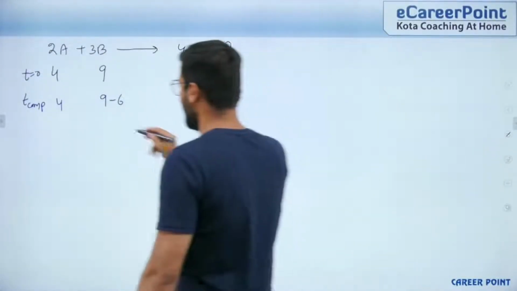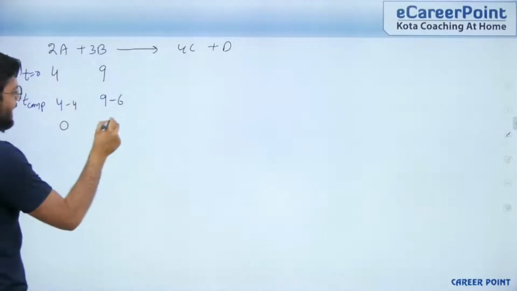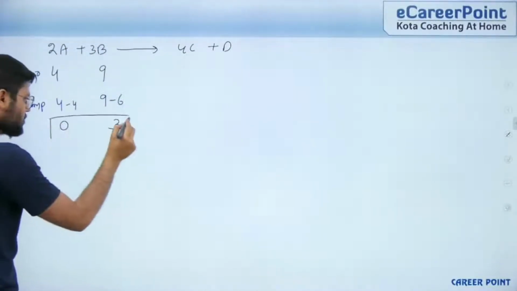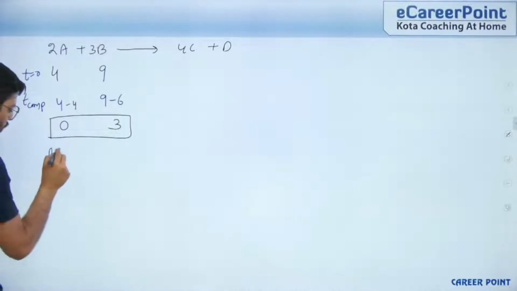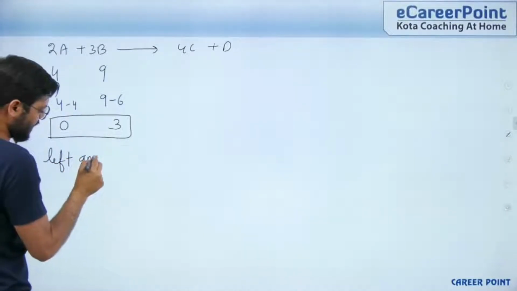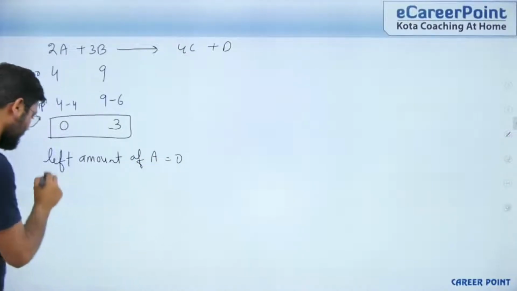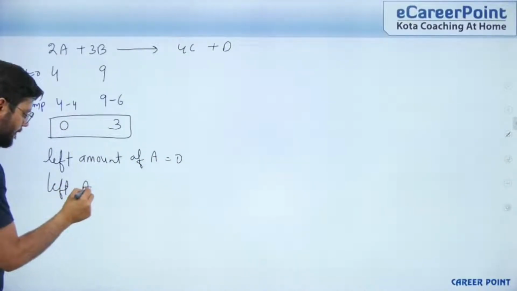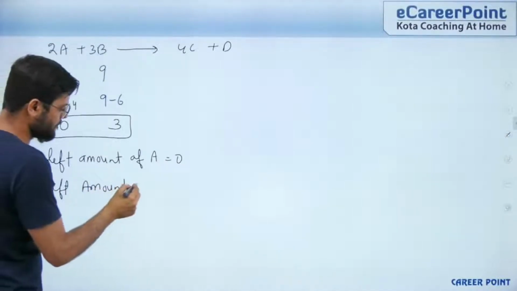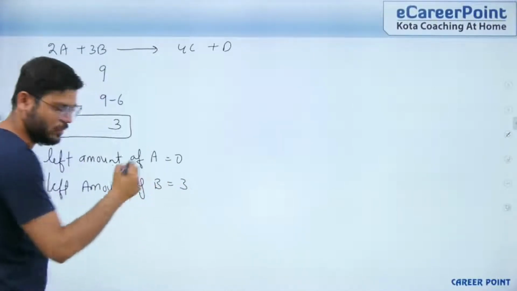So the 4 mole of A is completely reacted. It will now be 4 minus 4, which is 0, and 9 minus 6, which is 3. So after the completion of the reaction, the left amount of A is 0 and the left amount of B is 3 mole.